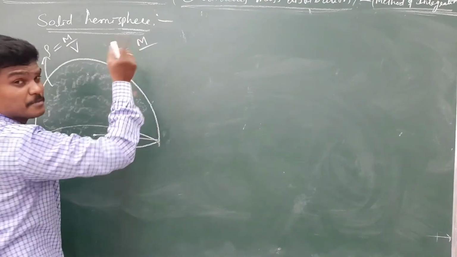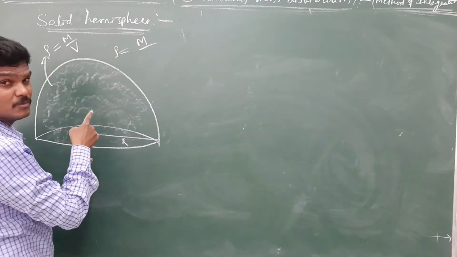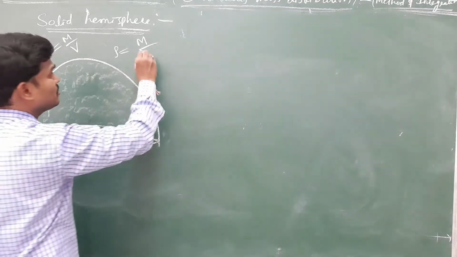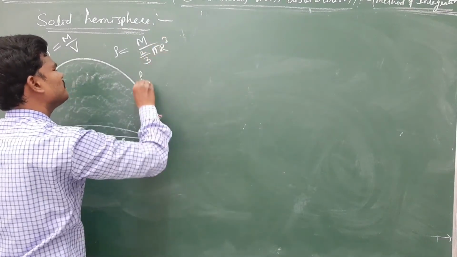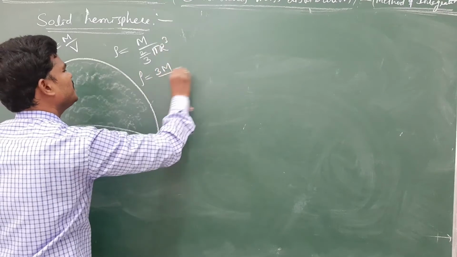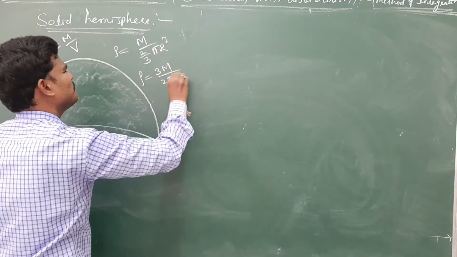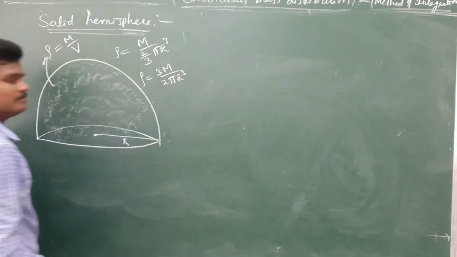Volume of a sphere is 4 by 3 pi r cube, but this is half, so 4 by 3 pi r cube by 2, which is 2 by 3 pi r cube. Then rho is 3m by 2 pi r cube.